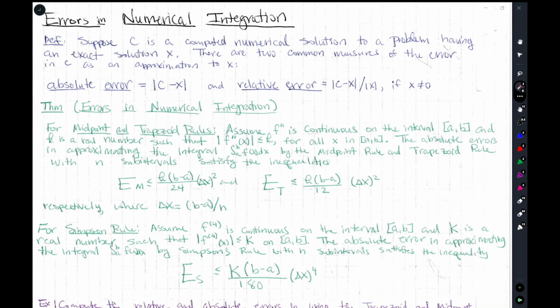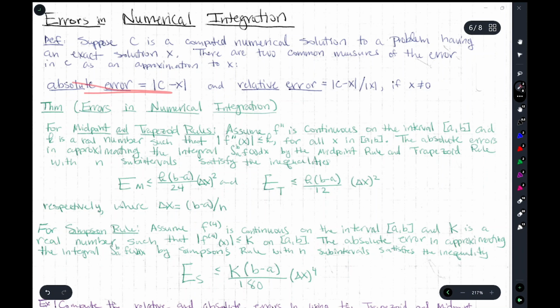If you're actually writing a program that will compute the value of a definite integral, you want a way of saying, look, I can give you an answer up to the third decimal point that's correct. I can guarantee you that the third decimal place is correct. You need to have a way of quantifying your errors. So let's take a look at how we could do that with these methods.